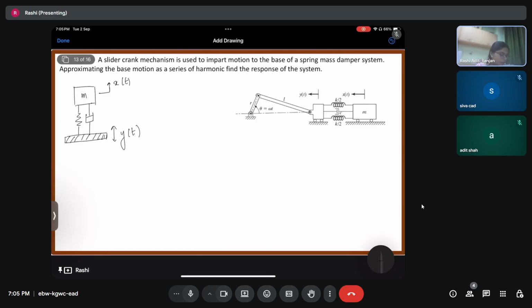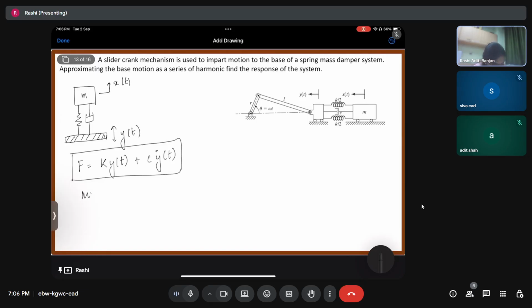Now, the force that this excitation is going to cause on the spring mass dashpot system is what? The force is going to be k into y of t plus c into y dot of t, this kind of forcing.